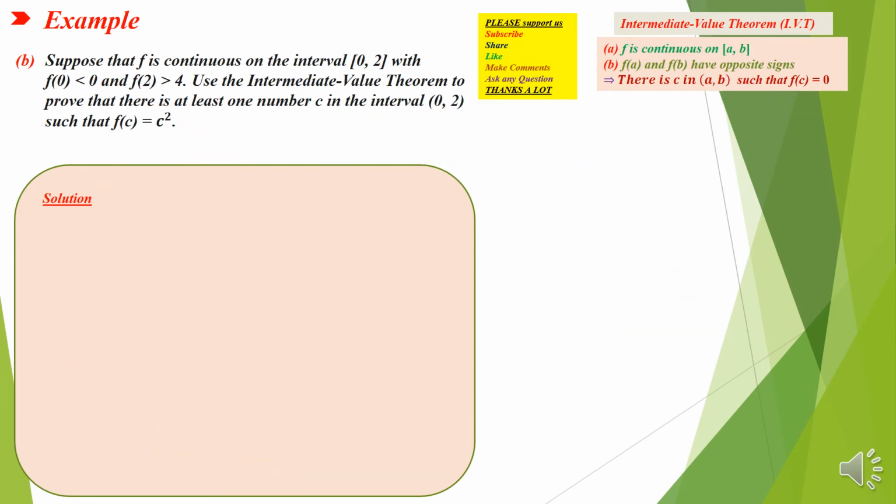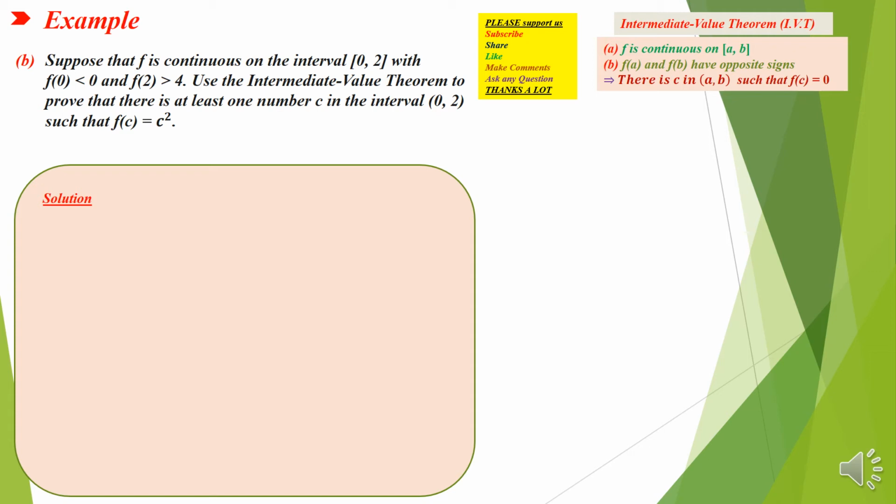Now in part B, we have a function f, and the function is continuous on the closed interval from 0 to 2, and we have two statements that say f of 0 is less than 0 and f of 2 is greater than 4, and you have to use I.V.T. to prove that f of c equals c squared for some c in the open interval from 0 to 2.